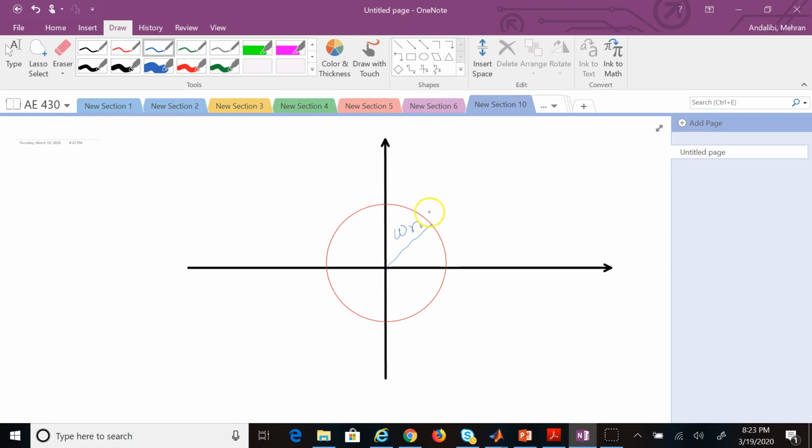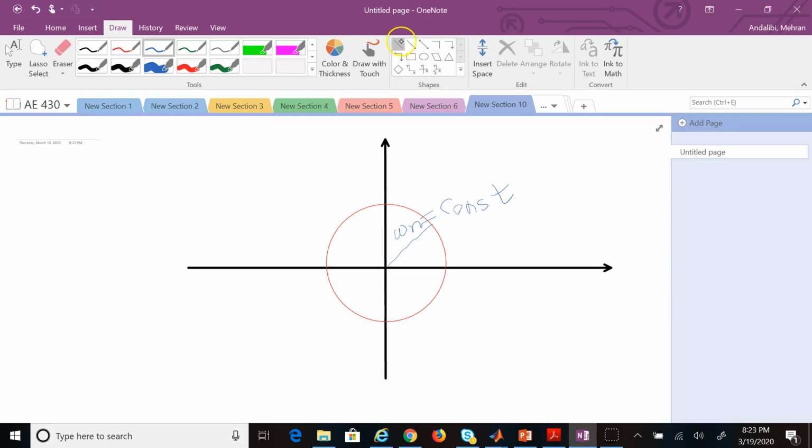So this is omega n equal to some constant. So the locus of constant omegas is a circle centered at the origin with radius omega.